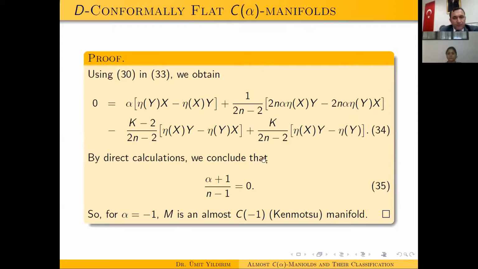By direct calculation, we conclude that alpha plus 1 divided by n minus 1 equals 0. So for alpha equal to minus 1, M is a Kenmotsu manifold. This C alpha manifold reduces to a Kenmotsu manifold.